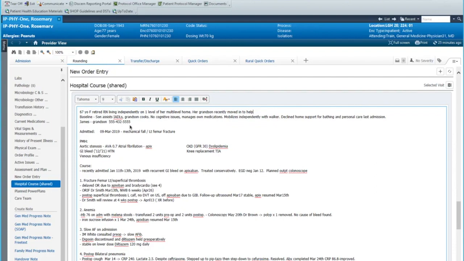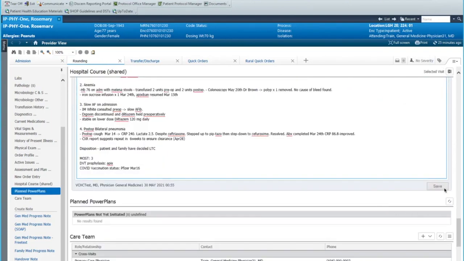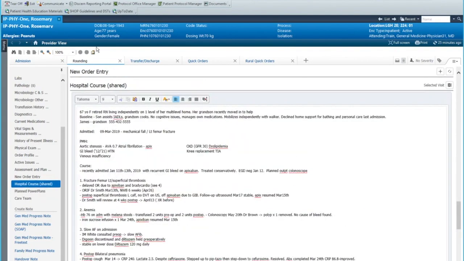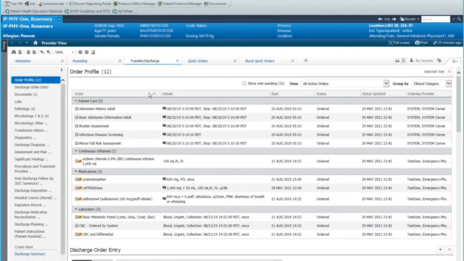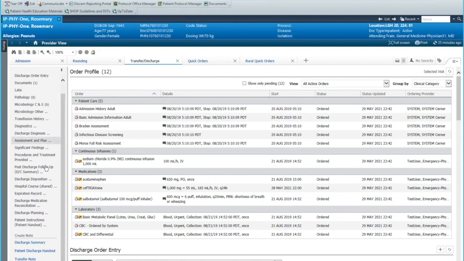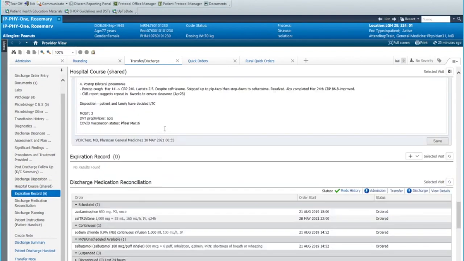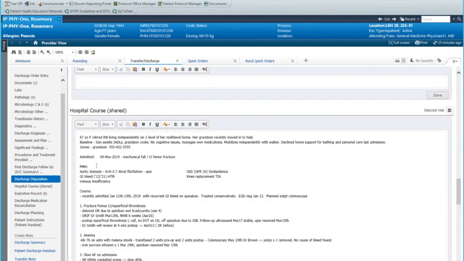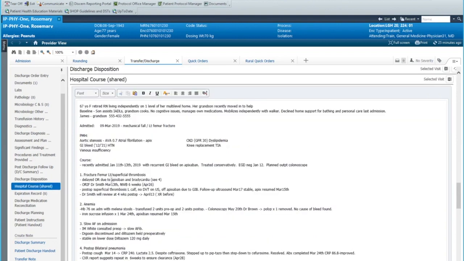So if you go into the rounding section, I've typed up something here in the hospital course, and when you go into the discharge part of the hospital tabs, you'll notice that it's automatically ported in here as well. So when I'm doing my discharge summary, it should be quite simple.